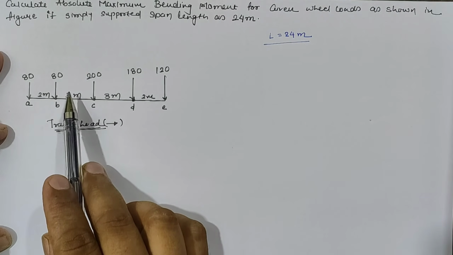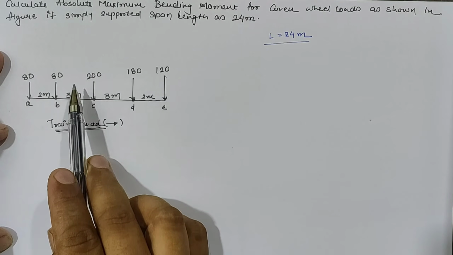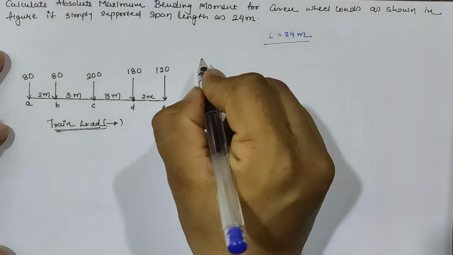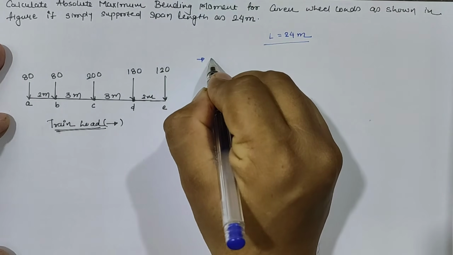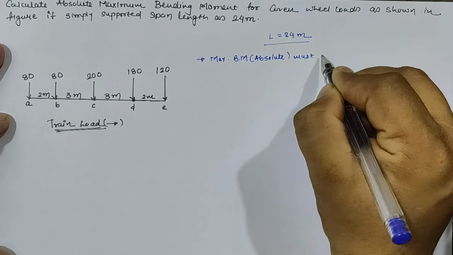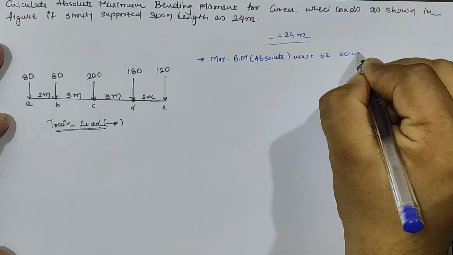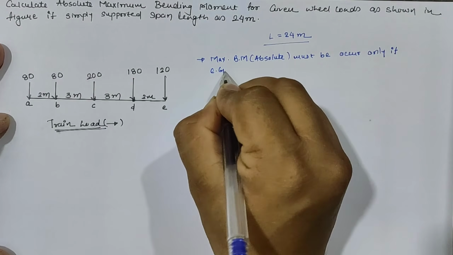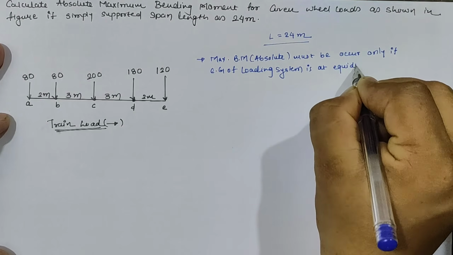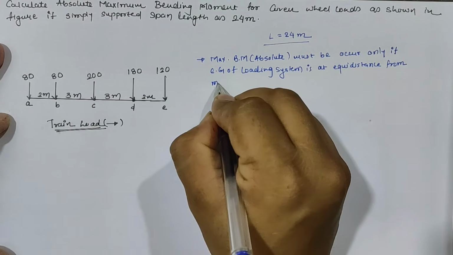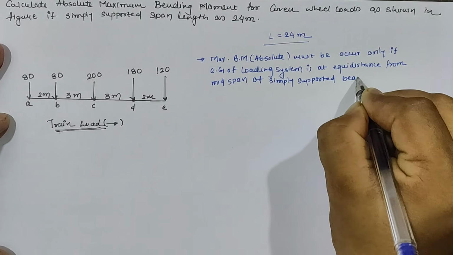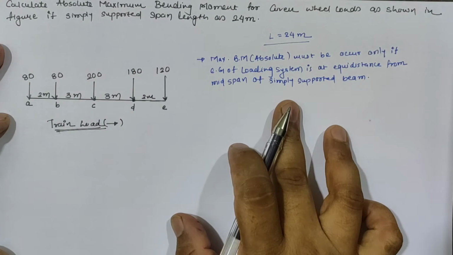We have to place the CG such that it is at equidistance from the center of the span. So let us understand this statement.